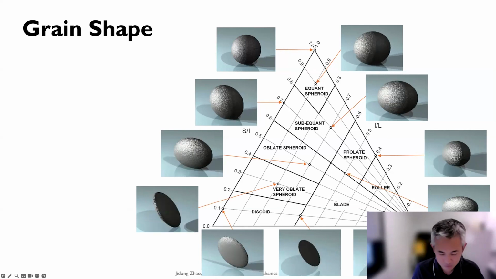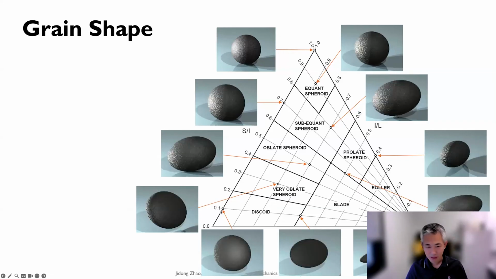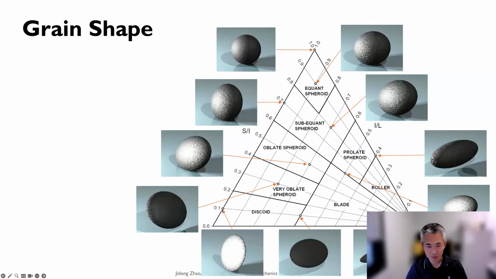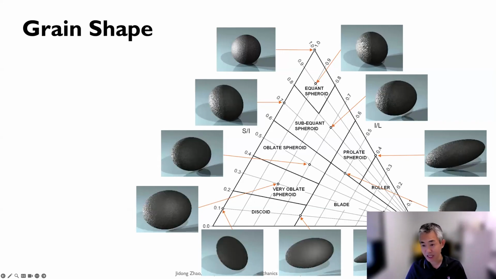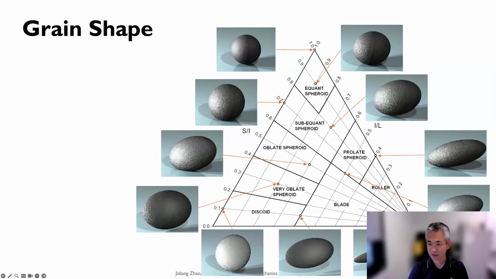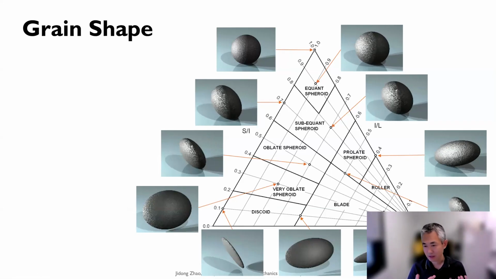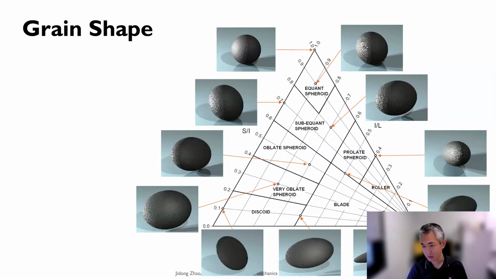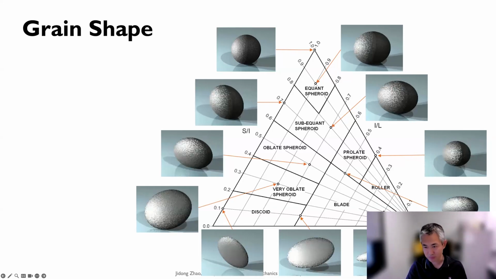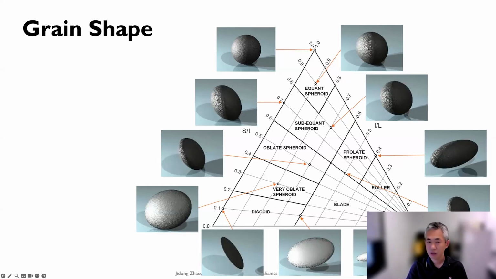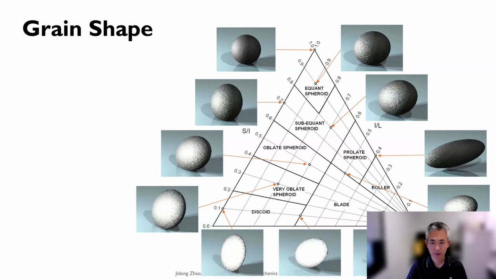On the left corner, this could be a bit of an ellipsoid, but this one will give you a needle-like particle shape. In natural settings, like in natural sand, we could really find different grain shapes. The grain shape indeed matters a lot in many aspects of granular media behaviors.